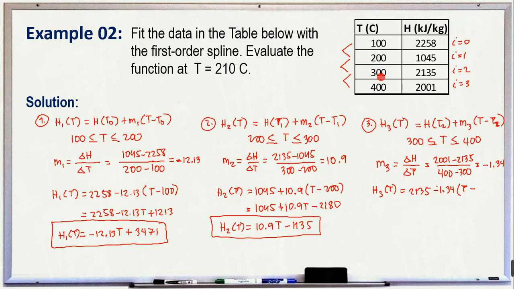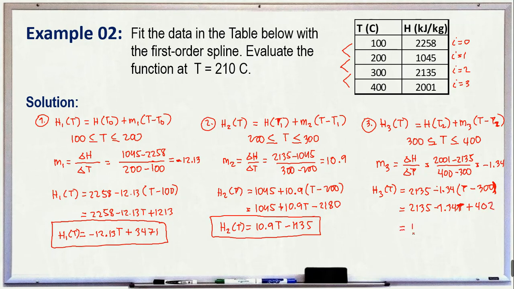Our t2 is 300, so put 300 here. Simplifying, 2135 minus 1.34t plus 300 times 1.34, which is positive, so plus 402.